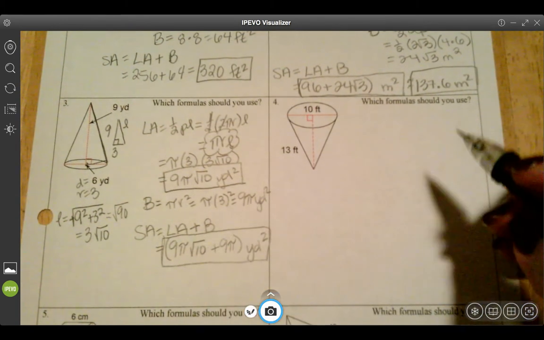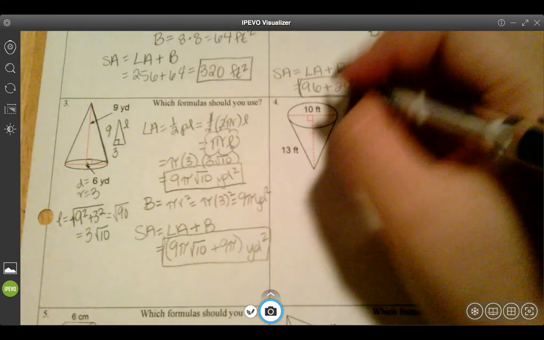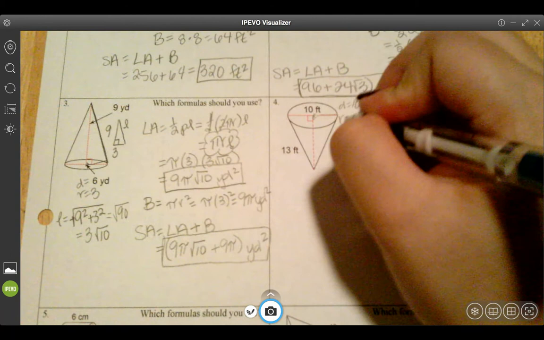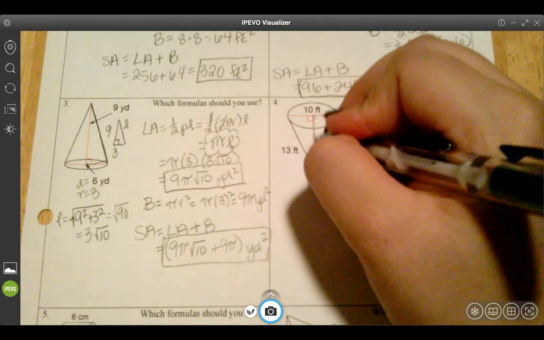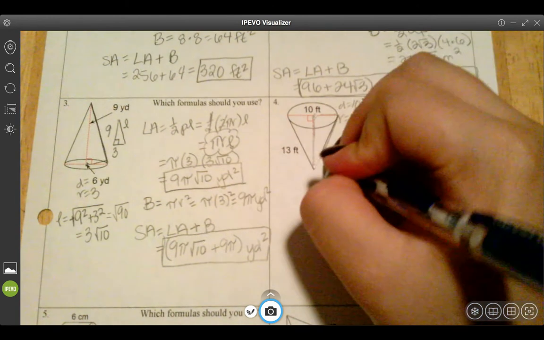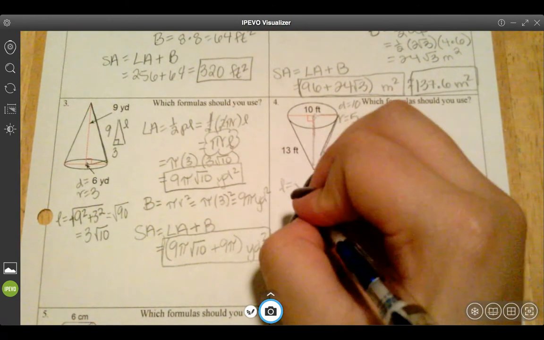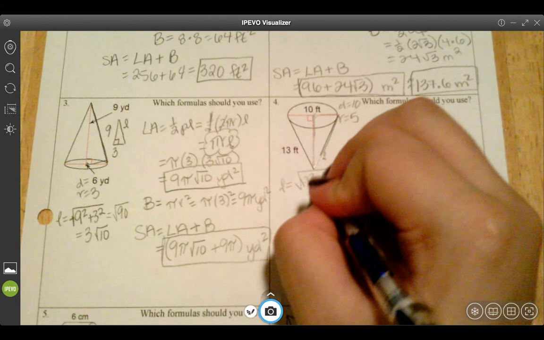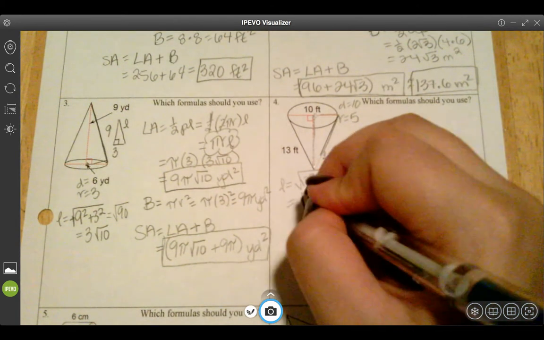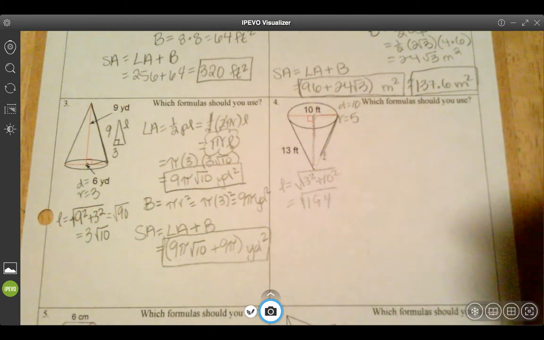For number 4, very, very similar. We have here a diameter of 10, so we have a radius of 5. We have a height of 13, which means we need to find the slant height. The square root of 13 squared plus 10 squared, leaving us a square root of 194.